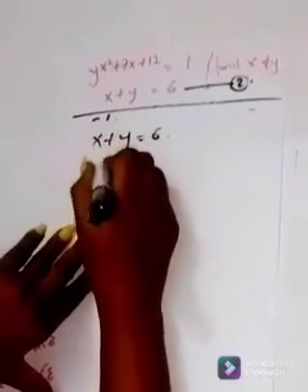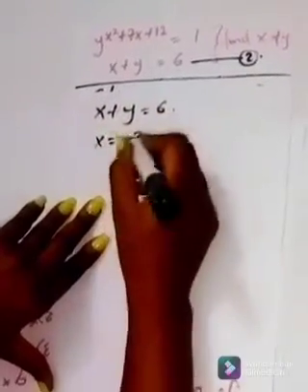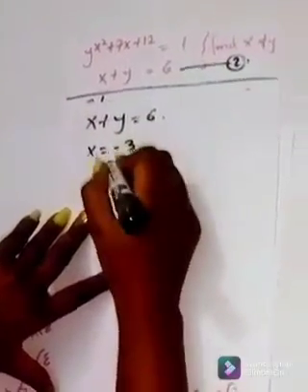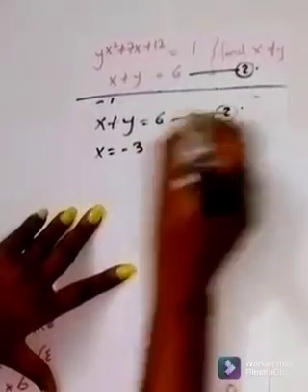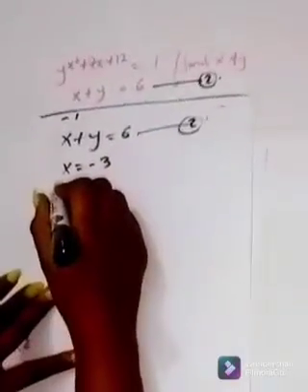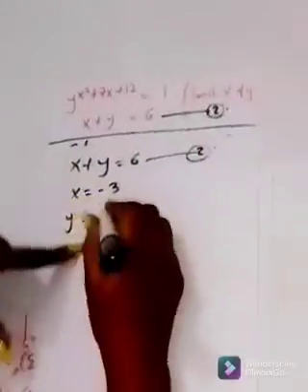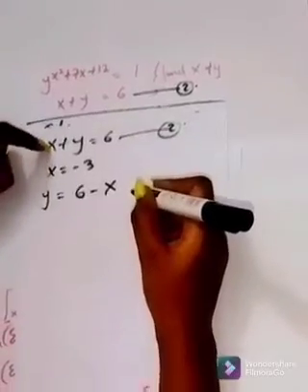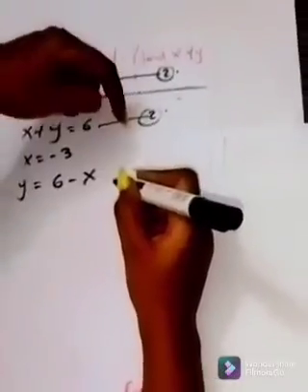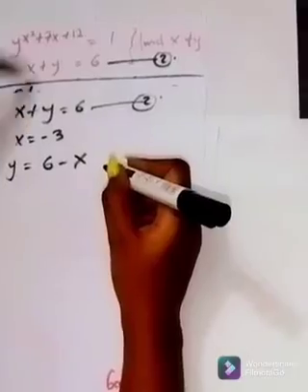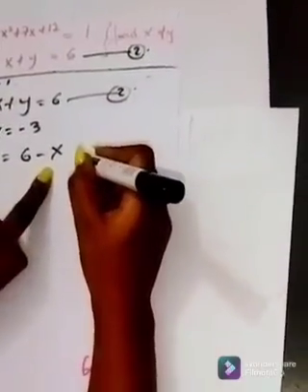Remember, so if x is equal to minus 3, what will y be? Okay, this is equation 2. So we'll make y the subject of this equation. It becomes 6 minus x. I subtracted x from both sides, or I moved x to the other side, giving us minus x.